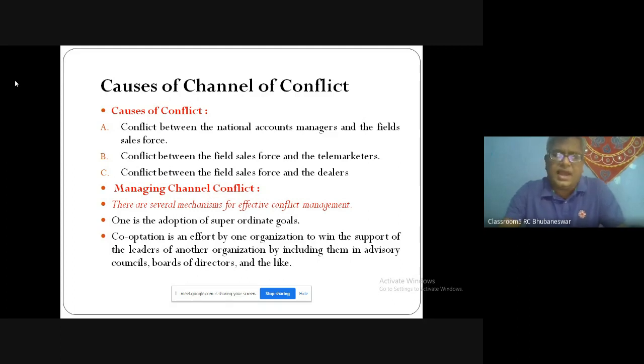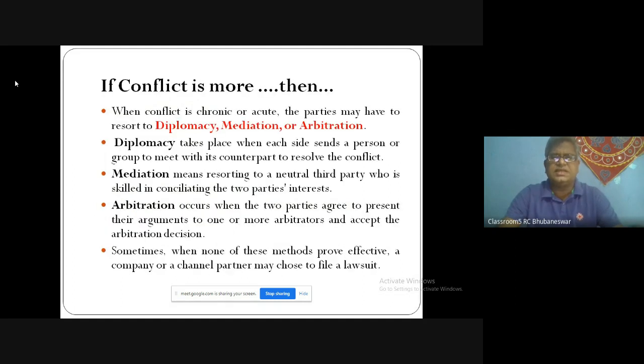You can adopt objectivity of goals, coordination, co-option efforts and support levels. And if the conflict is chronic or acute, diplomacy, mediation and arbitration methods can be used. Through diplomacy, each side can send a person or group to meet the counterpart to resolve the conflict. So diplomatically you can solve the conflict.